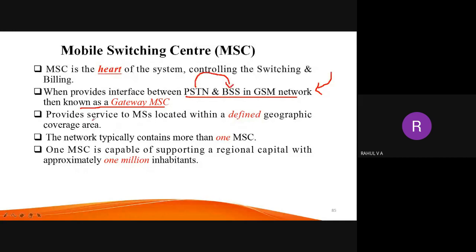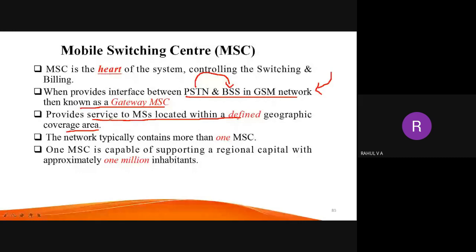It provides service to mobile stations located within a defined geographical coverage area. So this MSC knows where the mobile station or the mobile equipment is now, in which coverage area, in which geographical area, in which cell it is now. That is known by the MSC.